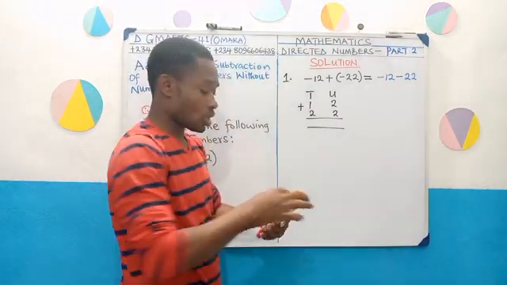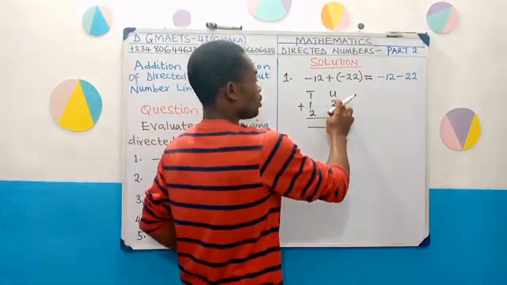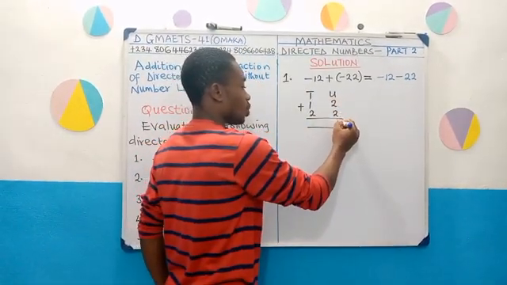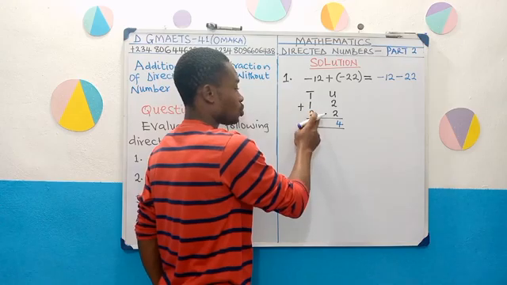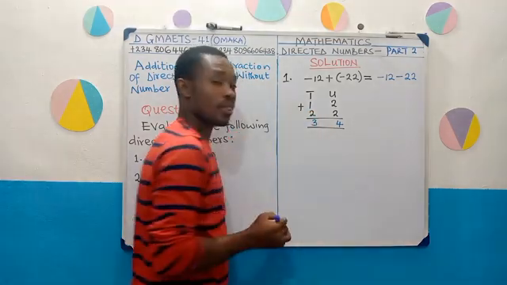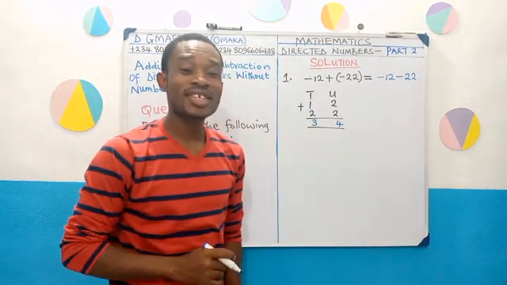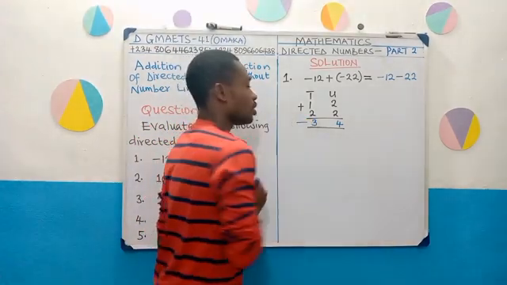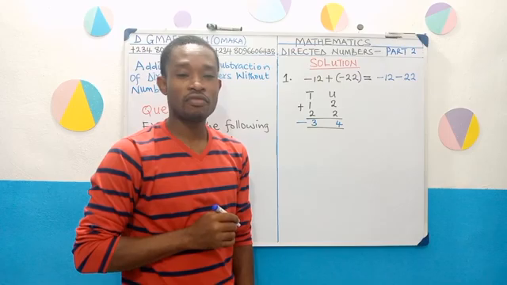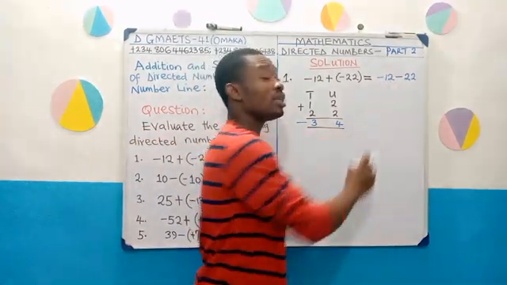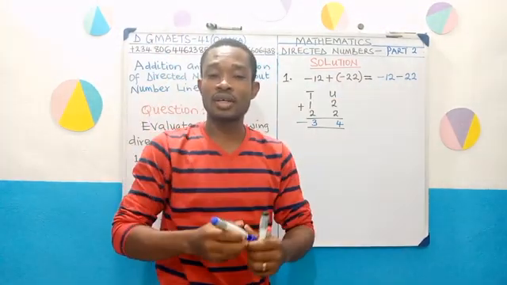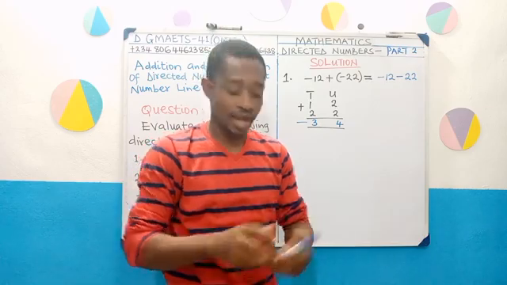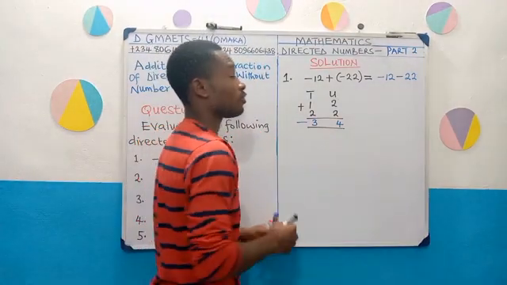If I add this, this is what I will get. 2 plus 2 will give us 4. 1 plus 2 will give us 3. You see this, right? I've gotten 34. That 34, I will put minus. So this is minus 34. That is the answer of this. It means all the things you are owing together is 34. And that is why we got minus 34.